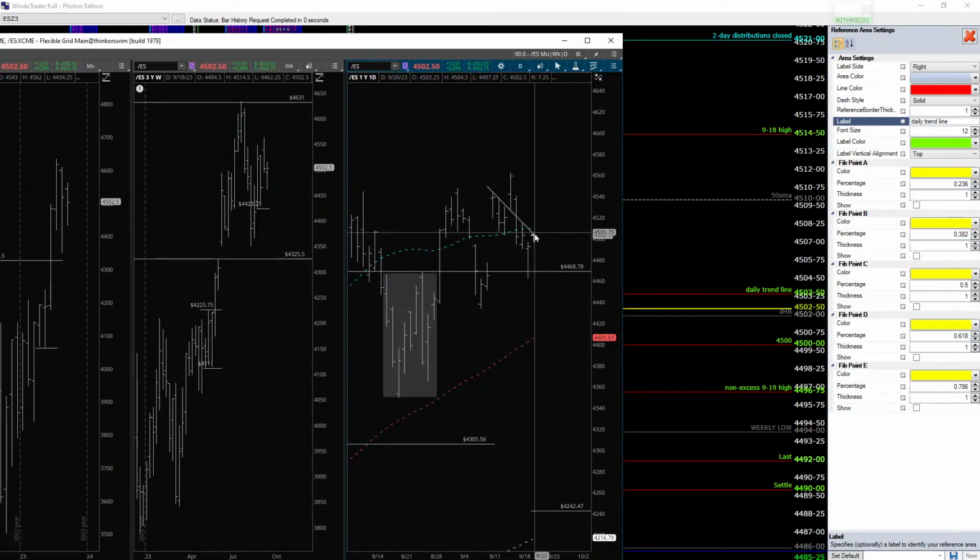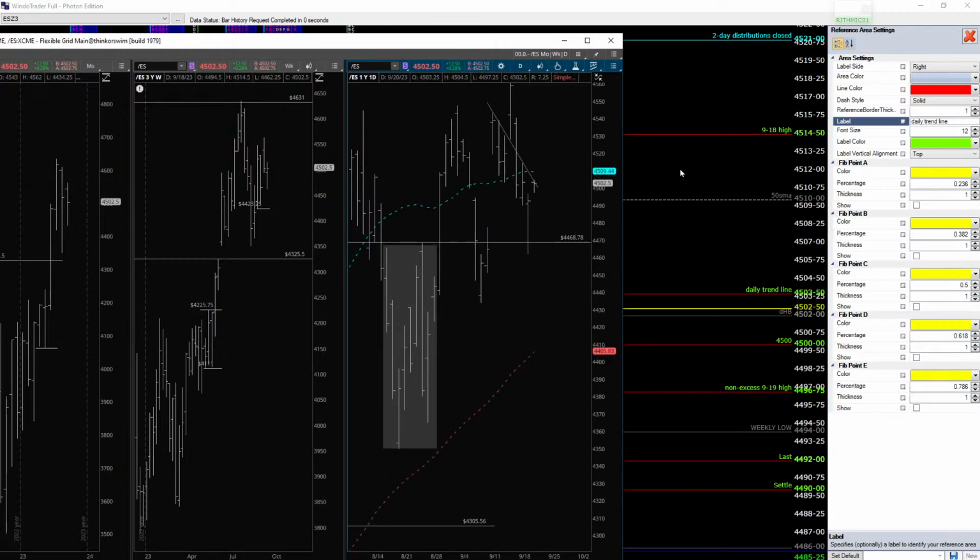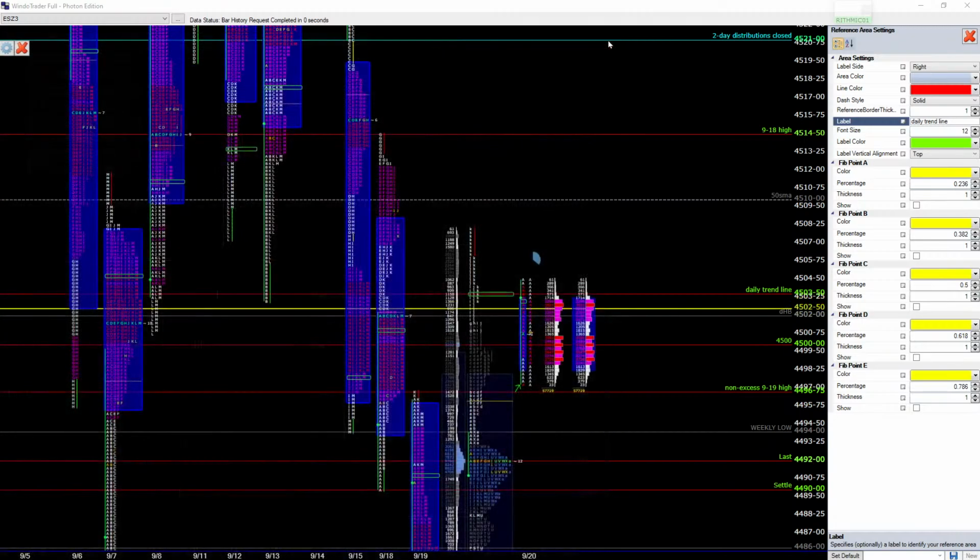It's not a sell, but it could come. The market can come all the way down to here, or can just go through this, take this high, and trade up. Remember the 50 is also right there. I have it here as a 4510, this one here. So those are levels that traders follow.